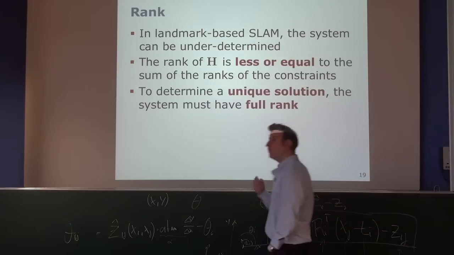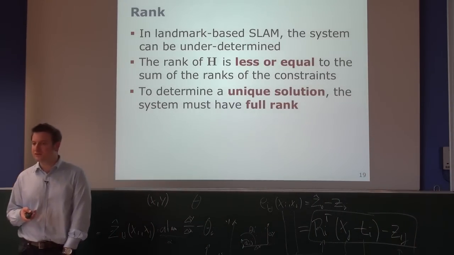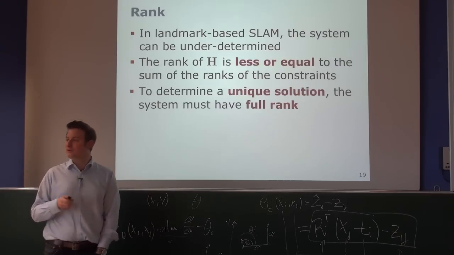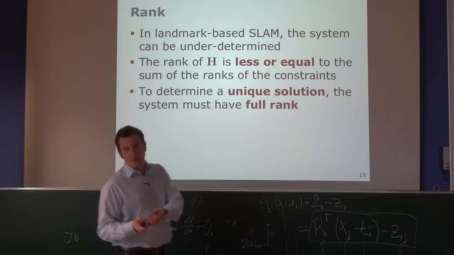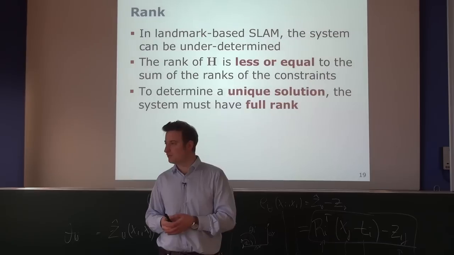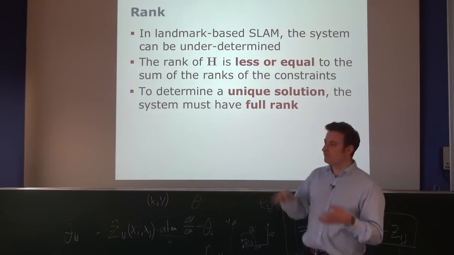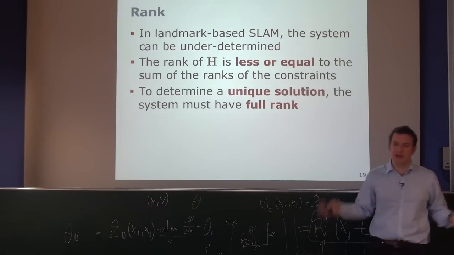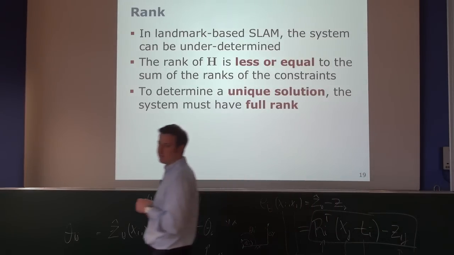That means we may not have collected enough observations to find a unique solution. Instead we have a solution space of some dimension. If we collect enough information, observe features from different positions, and have enough observations between all poses and all landmarks, then it's fine, we can solve that.